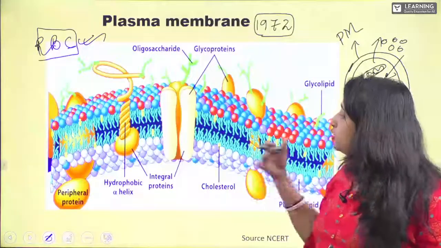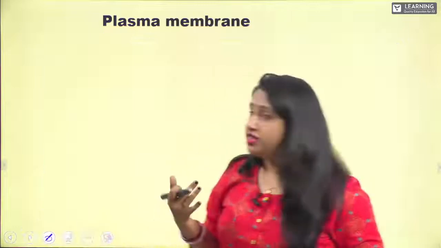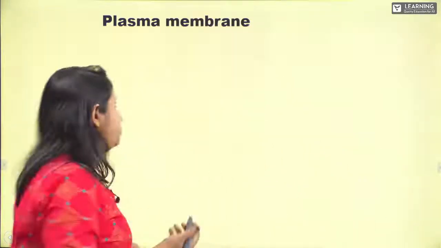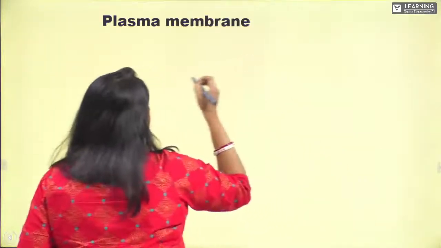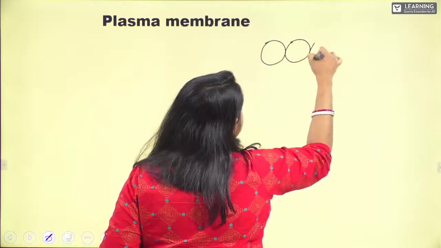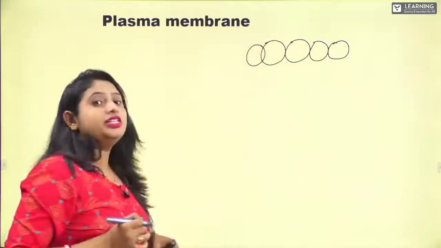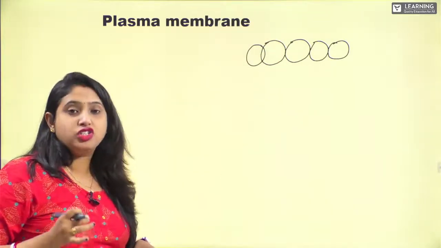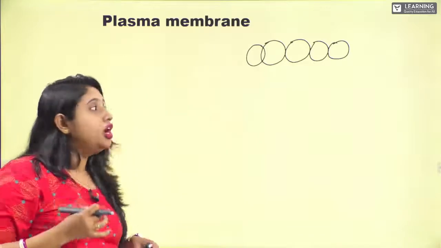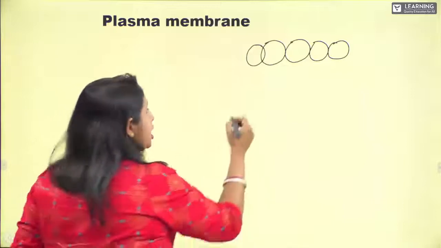We will study the structure in detail. How is the structure of the plasma membrane? It consists of phosphate and lipid. It is also known as a bilayer structure because it consists of two layers of phosphate groups and lipids.